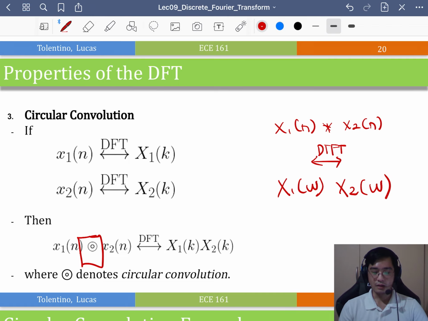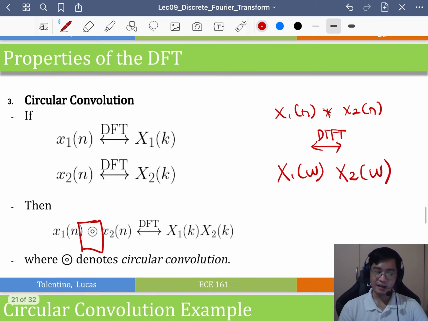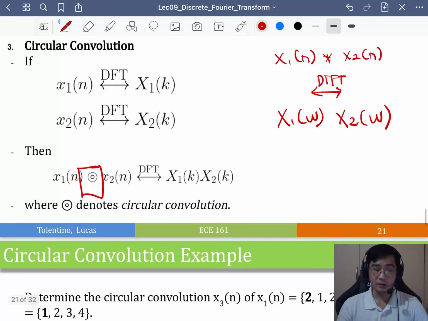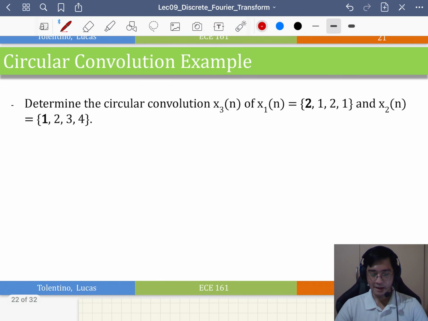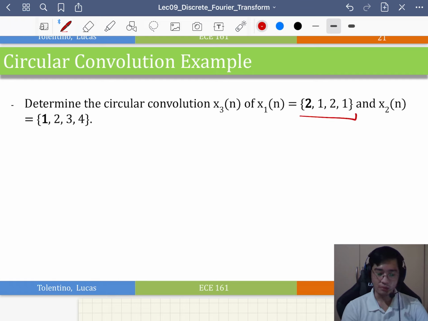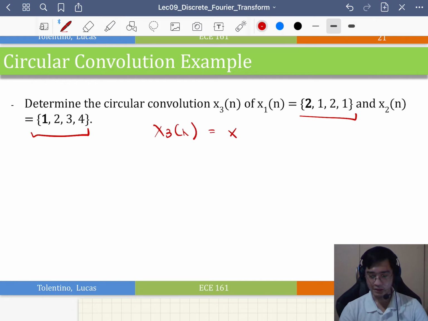So let us just try the operation of circular convolution so that we understand how this is done. x1 is 2, 1, 2, 1, and x2 is 1, 2, 3, 4. We get the circular convolution of x1 and x2, x3 of n.